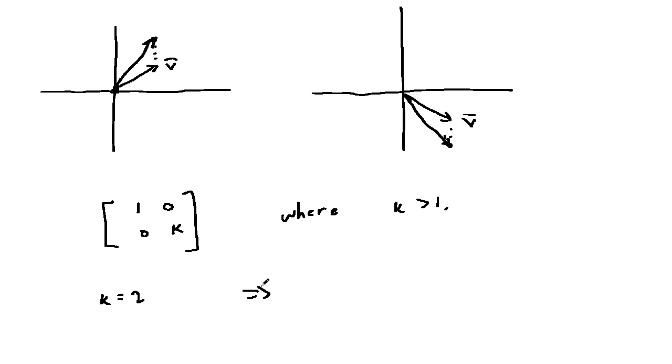The matrix for this transformation is given by this, where k is bigger than 1. Let's look at the case where k equals 2. So A is equal to this.